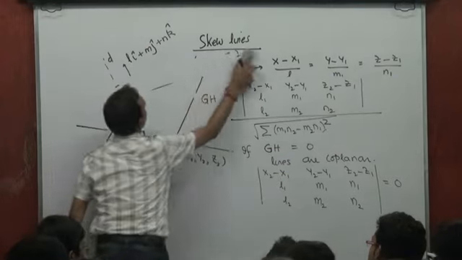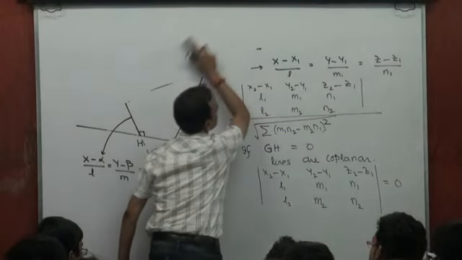So in vector format, again, let's look at two skew lines.